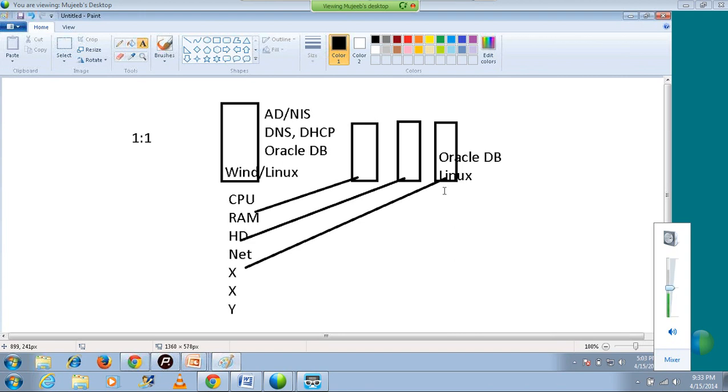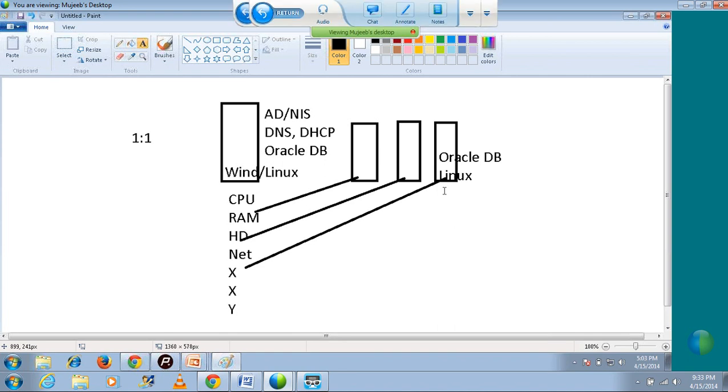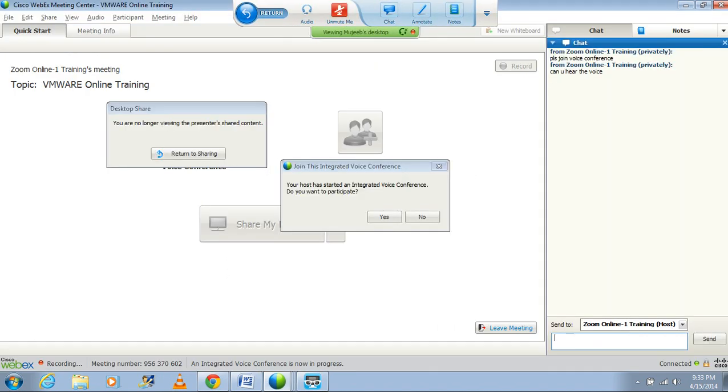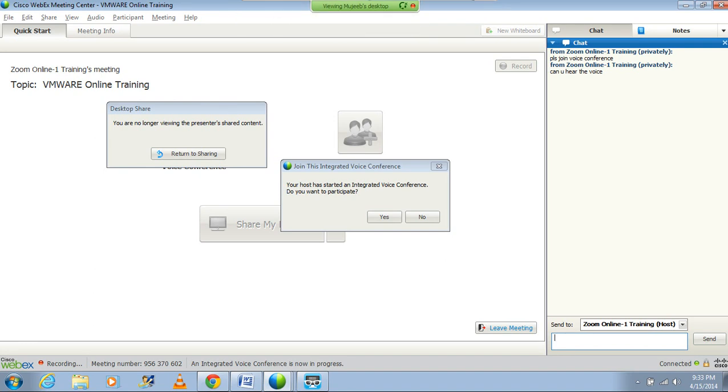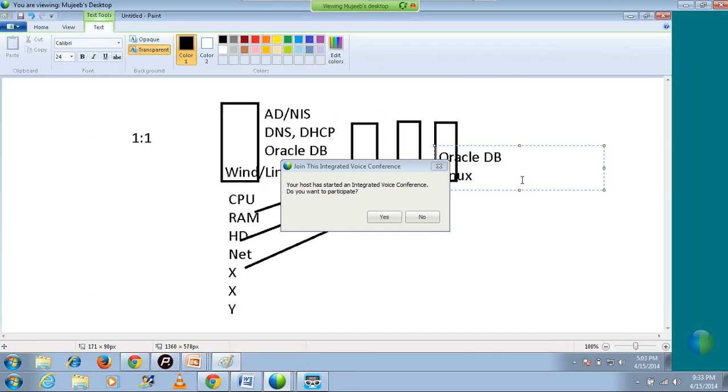Now, if you bring the server down, guys, can your Linux and Oracle database run? If you shut down the machine, obviously your operating system and the database are gone. They are also down. Am I right? Now, when you come across these kinds of issues in real time, we go ahead and take a planned downtime. It's called a planned downtime, and we are going to have a plan.